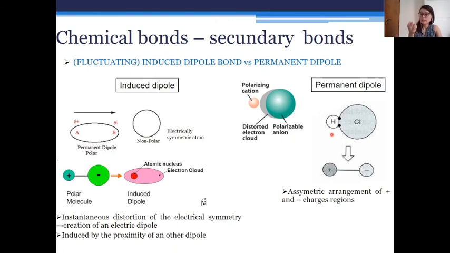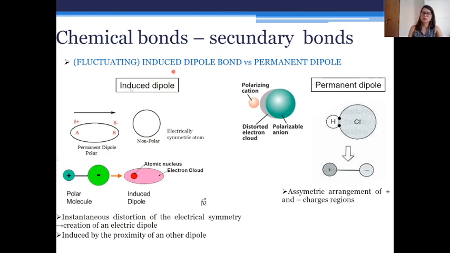Okay, so gaining this electron, chlorine becomes negatively charged, and giving this electron, hydrogen becomes positively charged. And so you have an asymmetric arrangement of negative and positive charge in this molecule. So it is a permanent dipole.